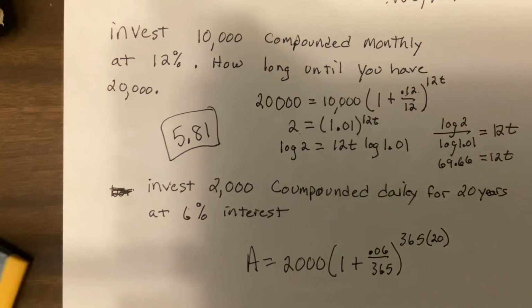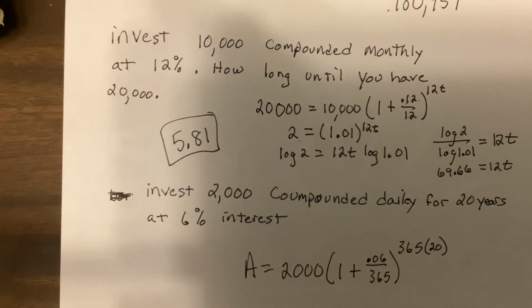Now again, you can do this on your calculator. Don't need logs for this. If you're missing the time, then you do need logs. So it'd be 2,000 times parentheses 1 plus 0.06 divided by 365, close parentheses, up arrow, parentheses, 365 times 20.